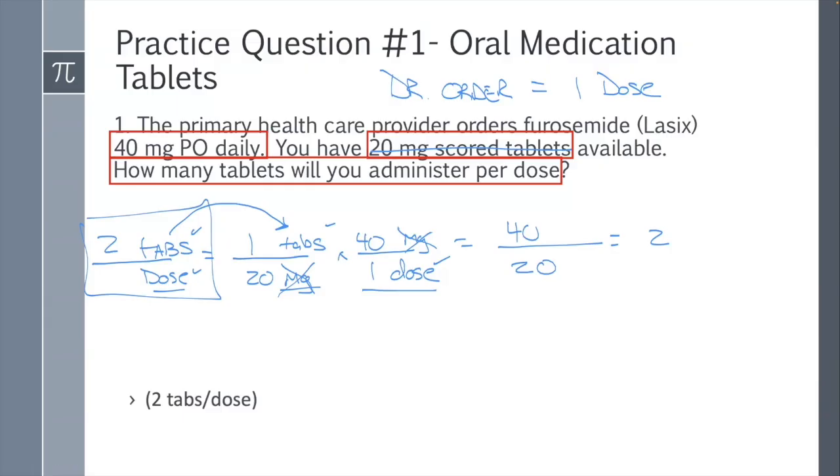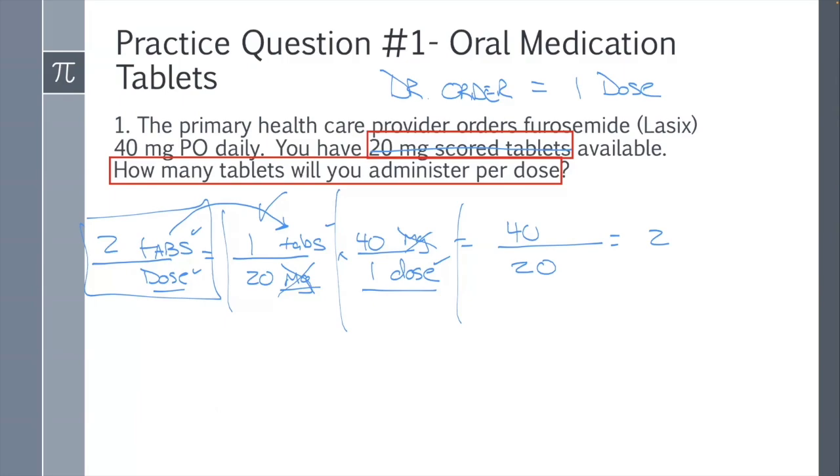I love dimensional analysis for a lot of reasons, but one of my biggest reasons is you can always check your work, okay? Just to make sure you set your problem up correctly. So if I look at this first one that says 1 tablet for 20 milligrams, is that true? I know that because that's exactly what it told me I had in terms of my score tablets. It told me I had 20 milligram score tablets, with each tablet being 20 milligrams.